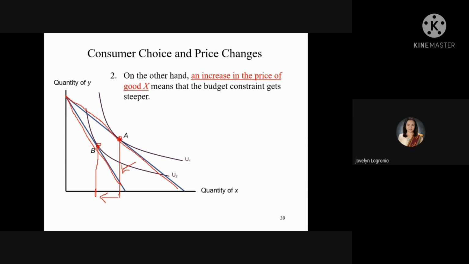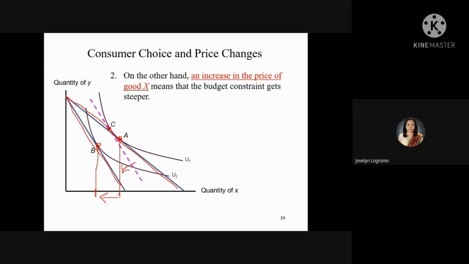So again, point A is the initial budget line, initial optimum point. Since the price of good X now is expensive, then the consumer will substitute, di ba?